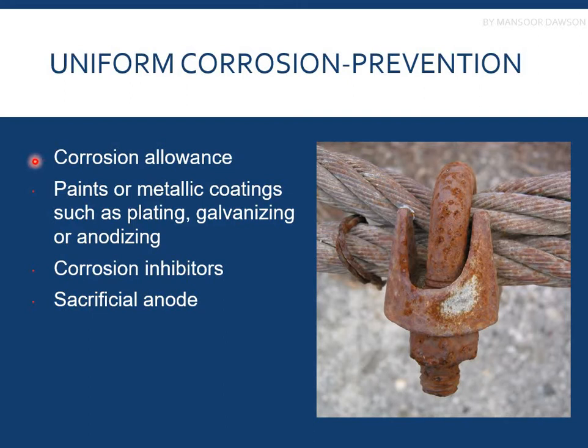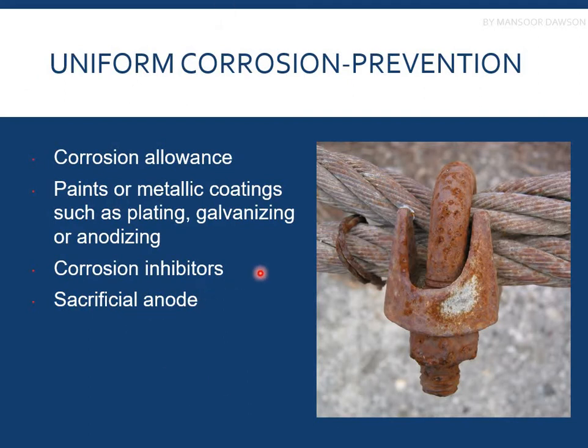So next, you can paint or you can do metallic coating, such as plating or galvanizing or anodizing. Basically, you know what electroplating is. You can do chromium plating, nickel plating, or even gold plating in certain conditions, but it's very expensive.